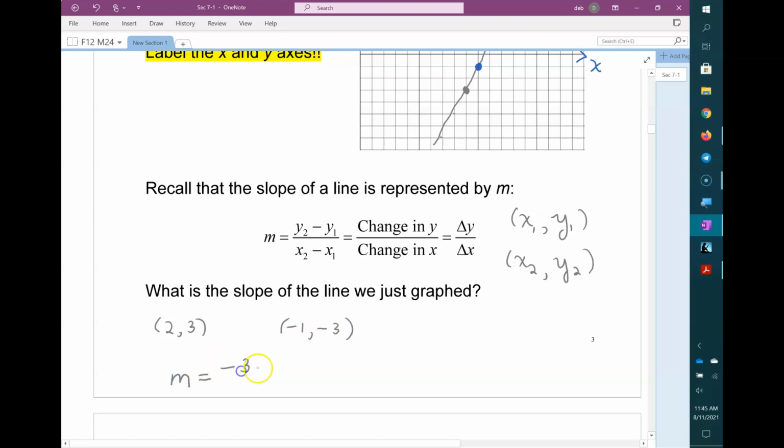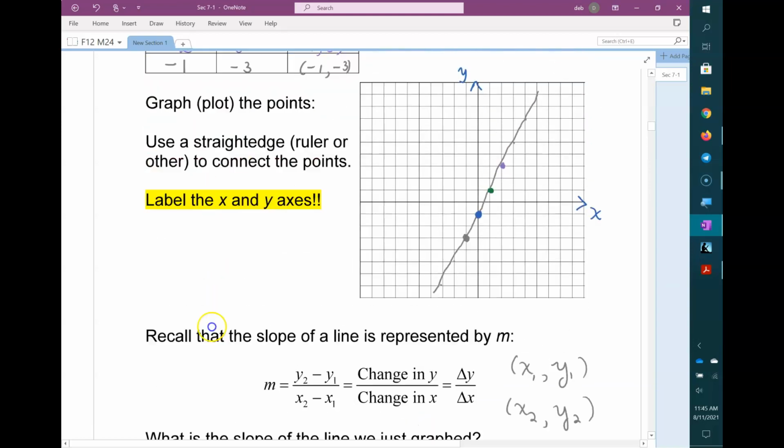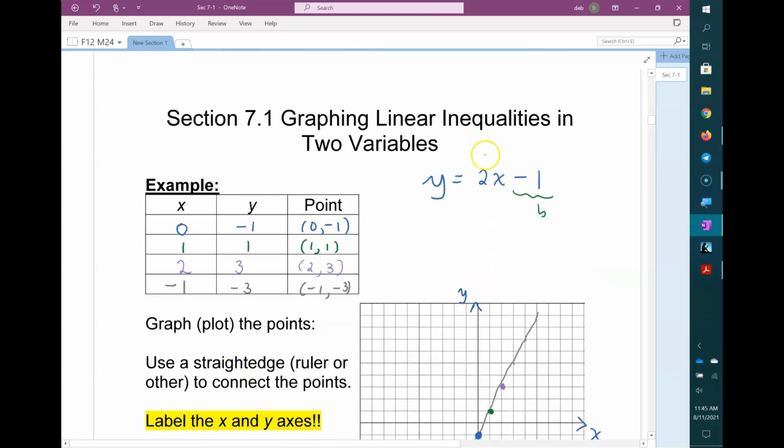It's the second y value minus the first y value over the second x value minus the first x value. So -6 over -3, or 2. But we also could have just looked at the formula and seen that the slope is 2.